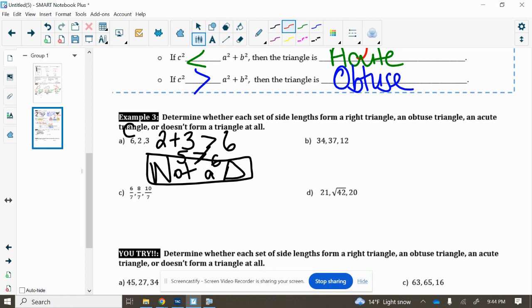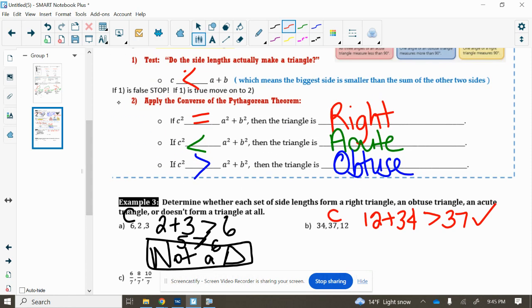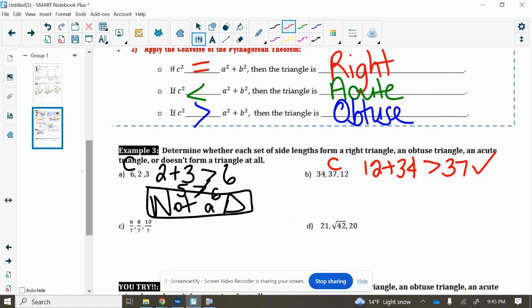In our second example, 37 would have to be our C value because that's the biggest side, and we want to check, do our two smaller sides sum to be bigger than that third side? This time the answer is yes, so we can move on to step 2, actually testing out how a squared plus b squared compares to that c squared value.